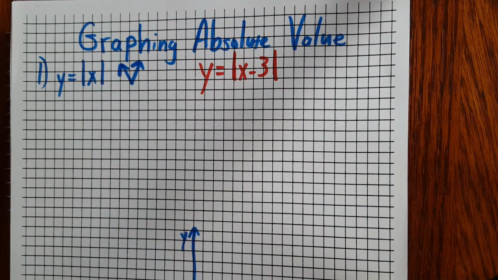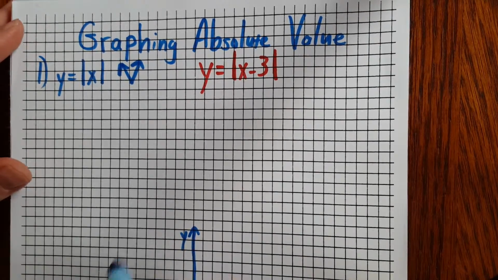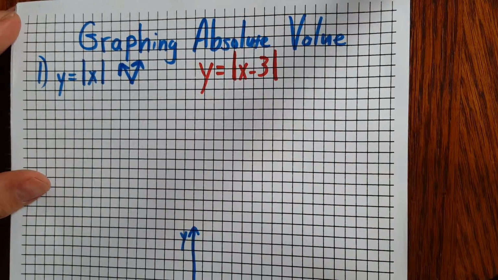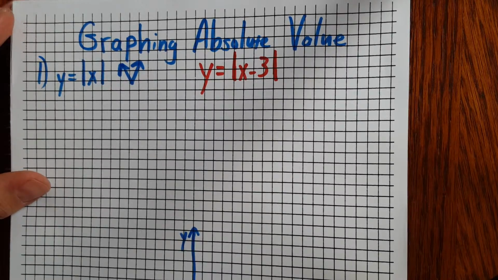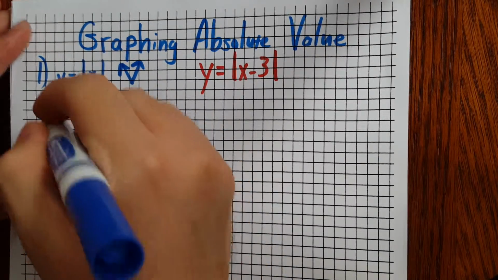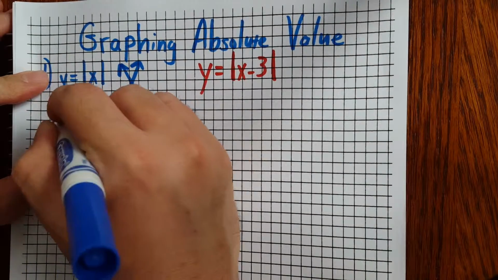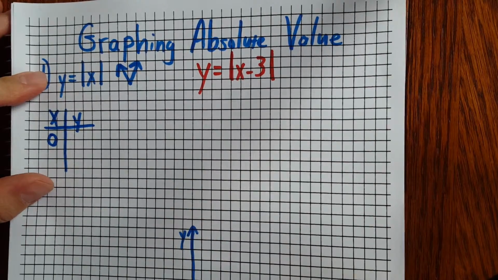The simplest way that you could probably break down a graph, especially if you get confused, is to plot points. The only trick you have to remember since you're graphing an absolute value is make sure that you choose some negative points so that you can see what this graph is really doing. All right, so we'll make this simple. Let's do a chart here of values. Let's plug in 0 for x and see what I get.